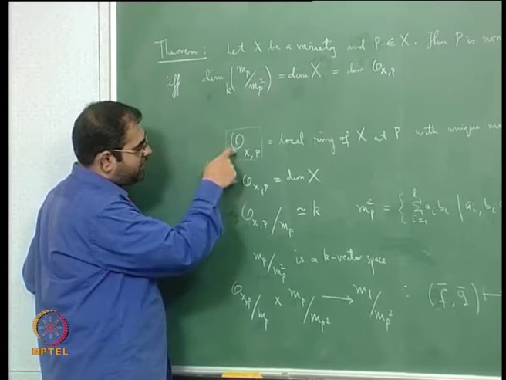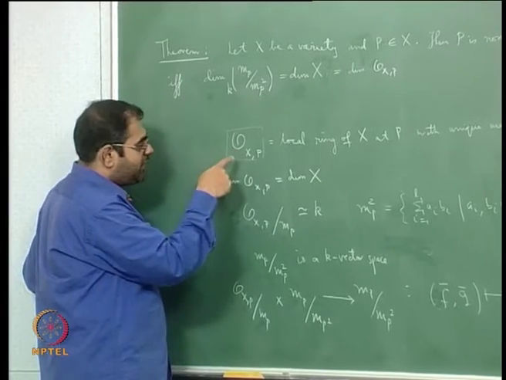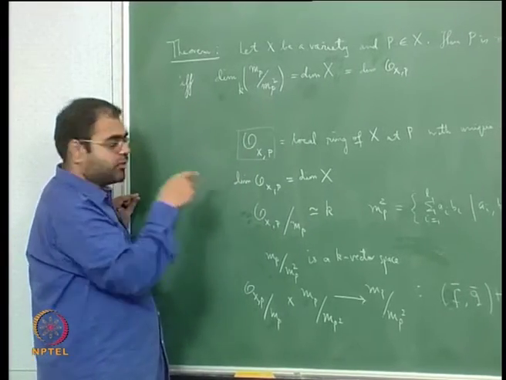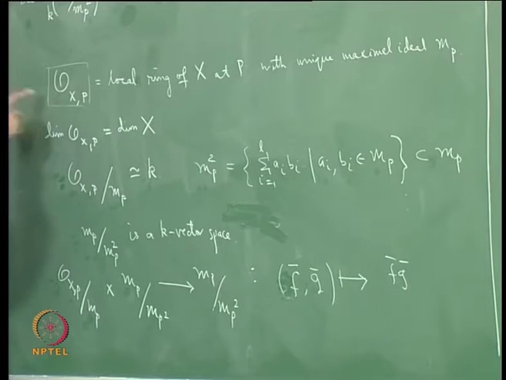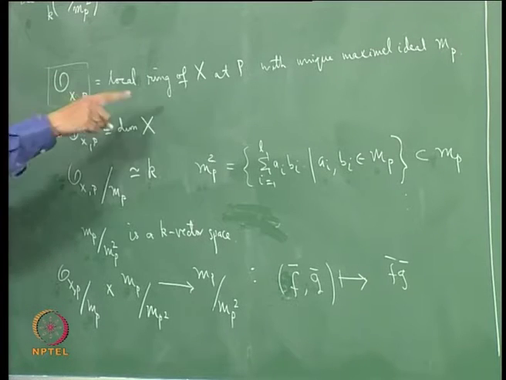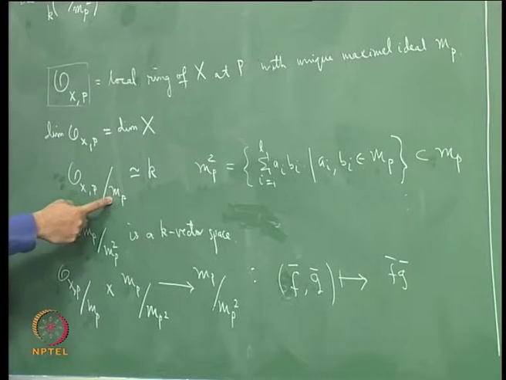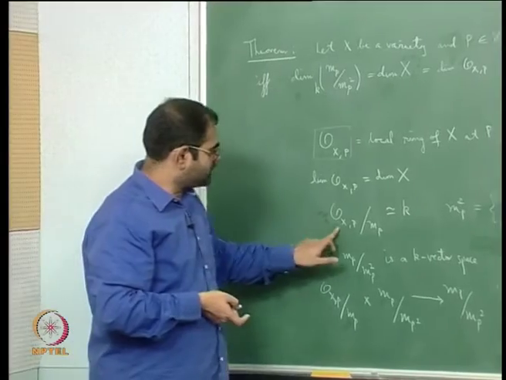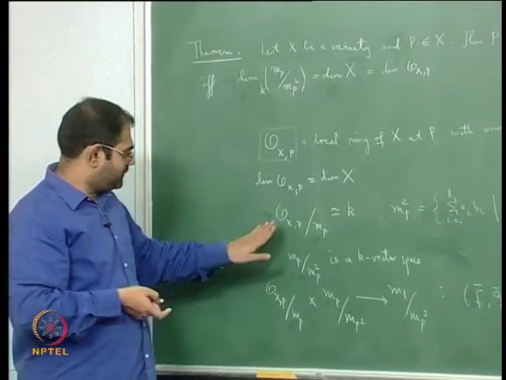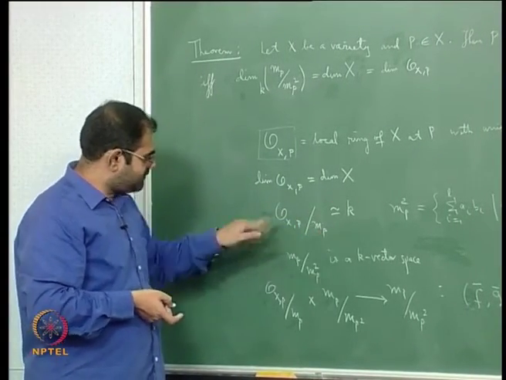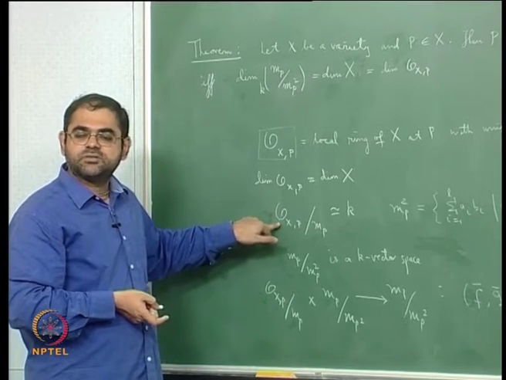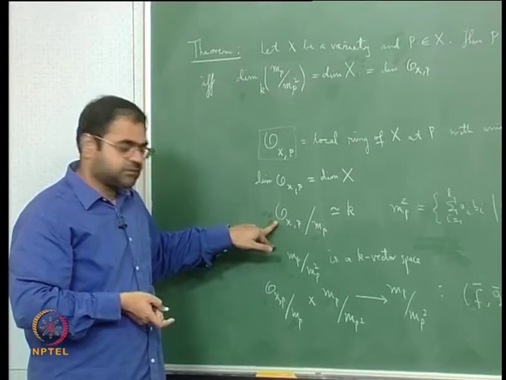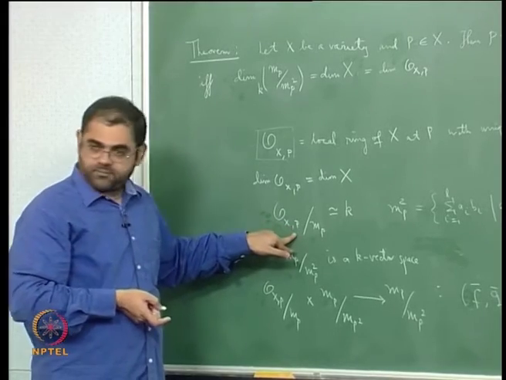Give me a germ of a regular function here, you evaluate it at that point, that will give you a map from this to K. Its kernel will be exactly MP, all those germs of regular functions which vanish at the point P. So the quotient will be K. So this isomorphism arises just by evaluation of a germ of a regular function in a neighbourhood of P at the point P, okay.